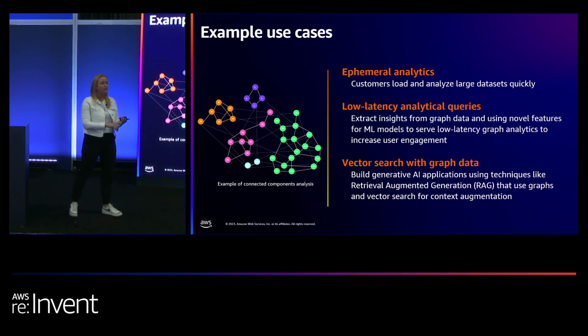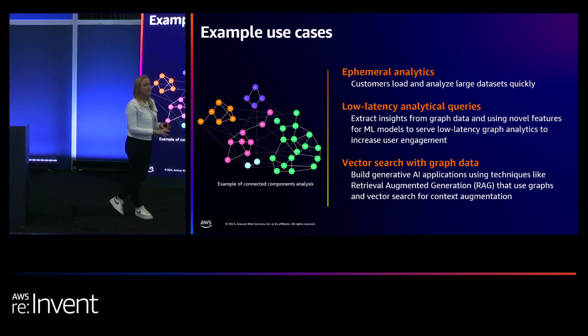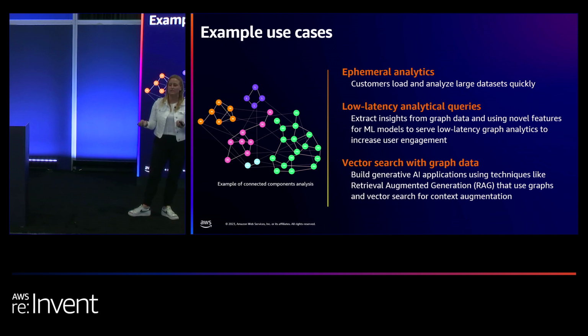Then you can run algorithms combined with low latency queries and vector search in any combination. It does have durability, so you can write back the results of your algorithms. You can maybe add new edges that you've discovered during your analysis. And then you can take a snapshot of your graph to then do additional analysis and other workflows.